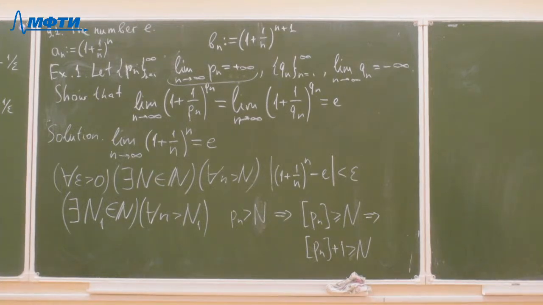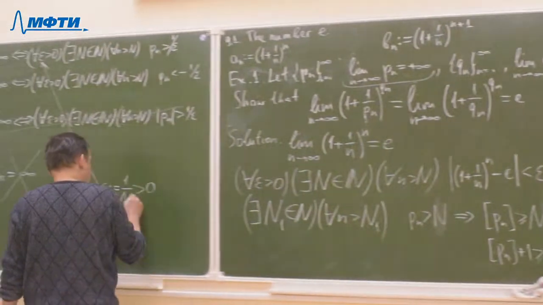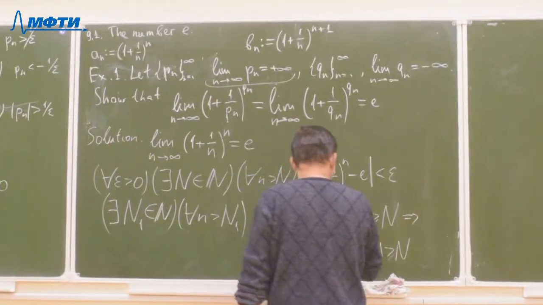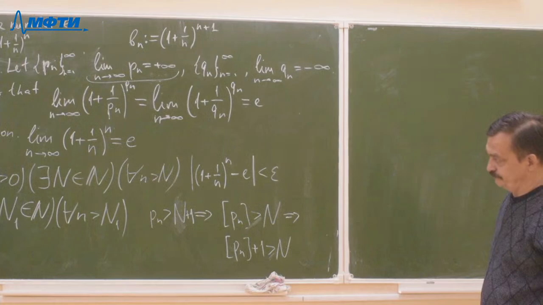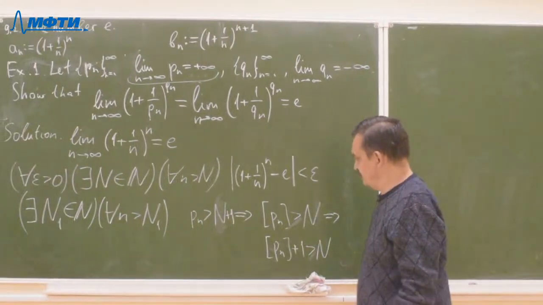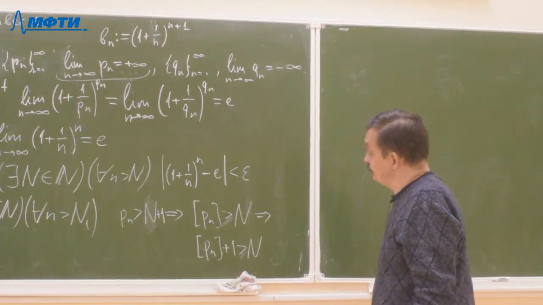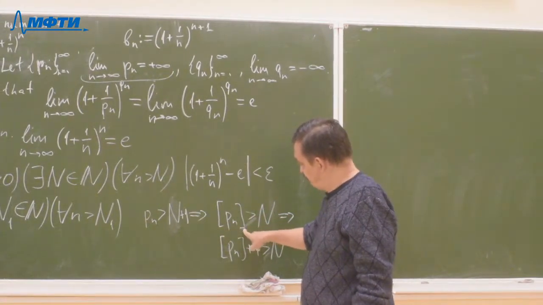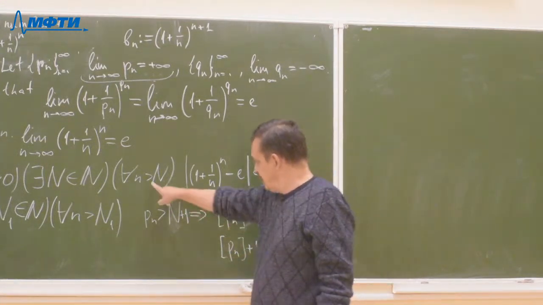So I should take here n plus 1, and then it is strictly greater than N. The integer part is strictly greater than N. So now, it means that both numbers, the integer part of Pn and the integer part of Pn plus 1, are natural numbers greater than capital N.